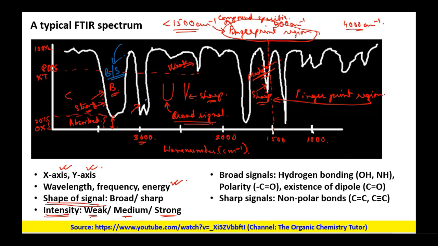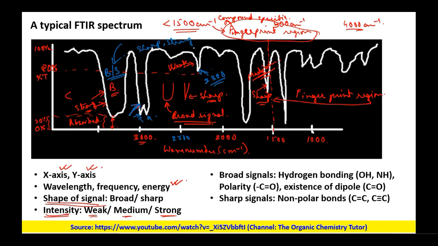Similarly, in this case, the dual peak at around 3000 is basically a sharp and strong signal, because if you see the peaks, they are almost V-shaped. This peak over here, you can consider as around 2300.